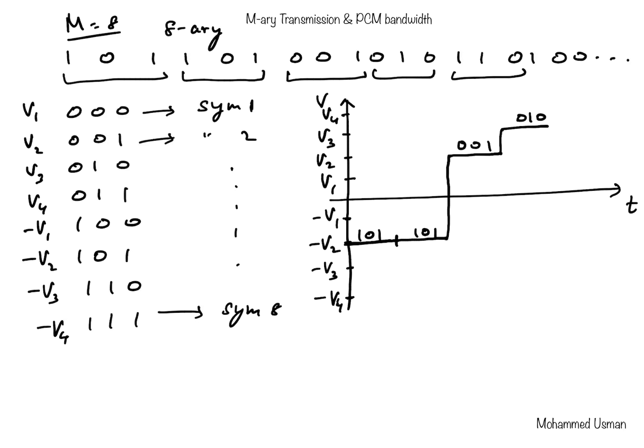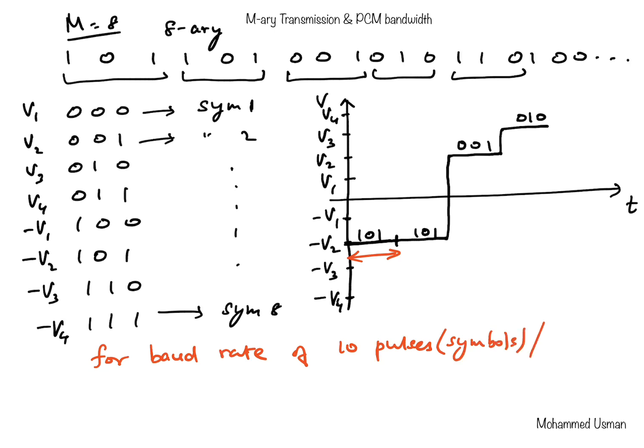So again, if we keep the pulse duration, the width of the pulse, the same, for the same baud rate of 10 pulses per second, or we call pulses and symbols the same thing, symbols per second.